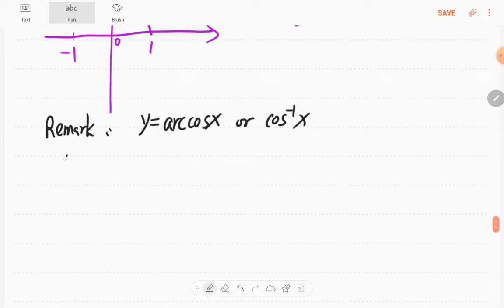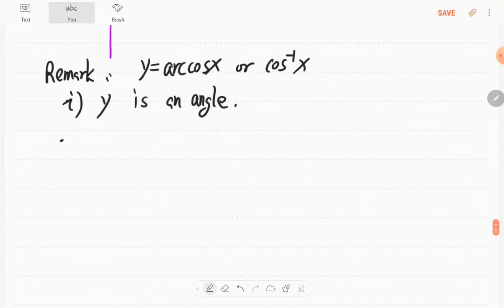The first thing, like we did for arc sine, is that this arc cosine y is an angle. Keep in mind, it is an angle. Second, this y should be between 0 and pi.